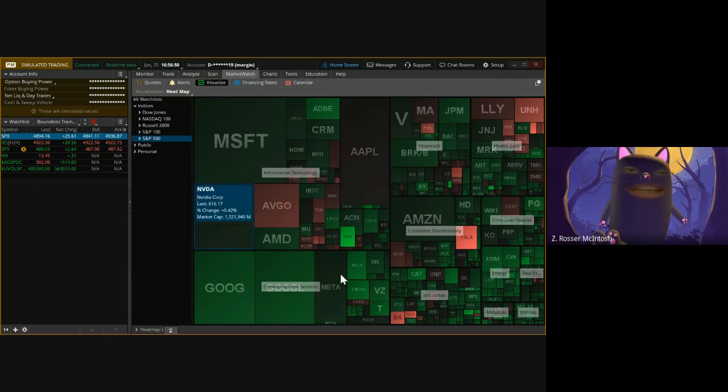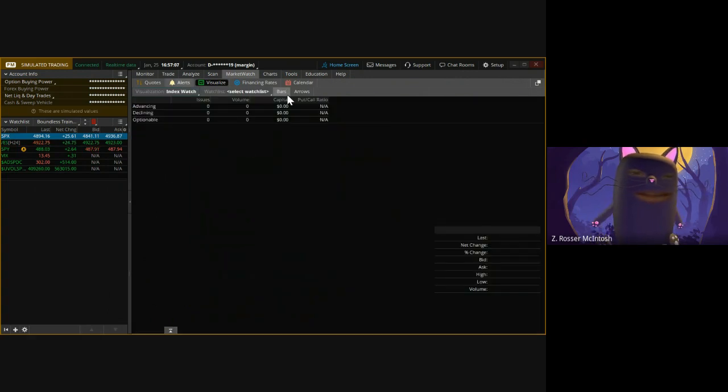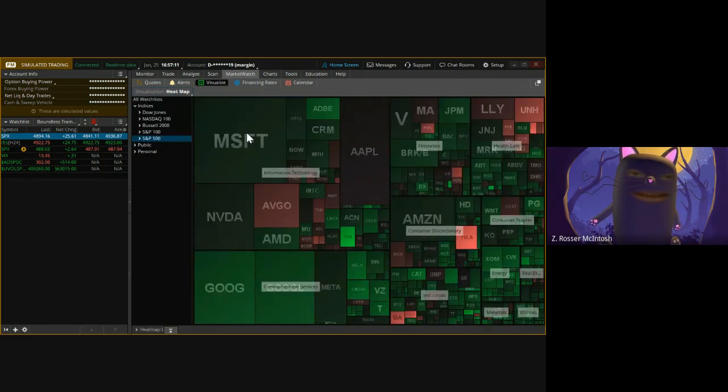If you go to visualization, right now it's selected to heat map. Does it give us index watch? What does that do? Oh, no, never mind. I thought there was a way to display it as a pie chart, something like that.